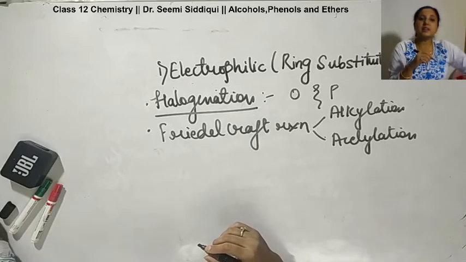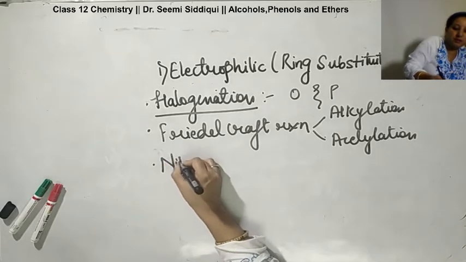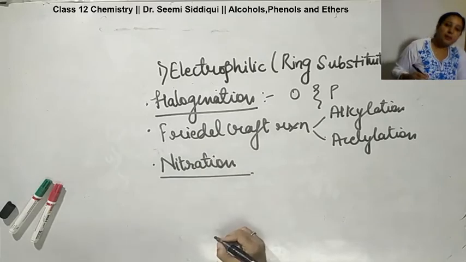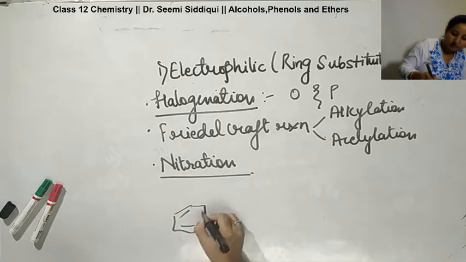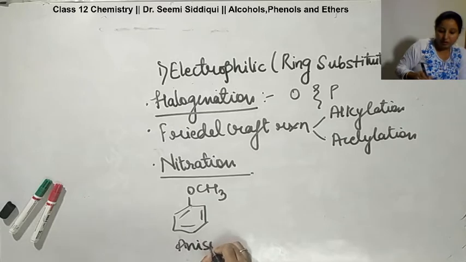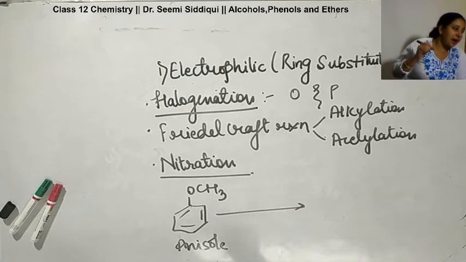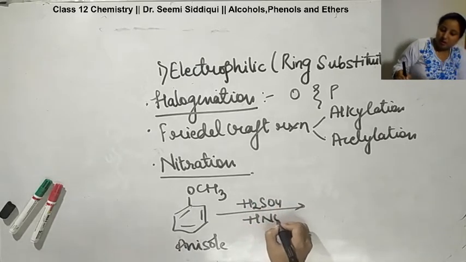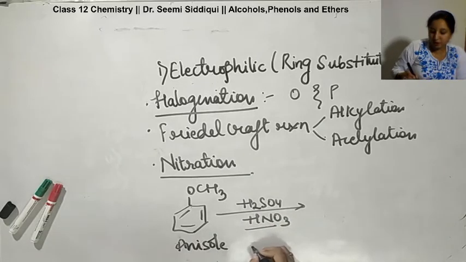Then, yesterday I forgot to tell you that the third type of reaction is nitration. Now, talking about the nitration, what do we say? OCH3, what is this? Anisole. This anisole is going to react with concentrated H2SO4 and HNO3. Because of HNO3, nitration takes place.